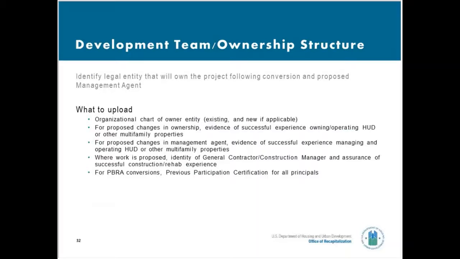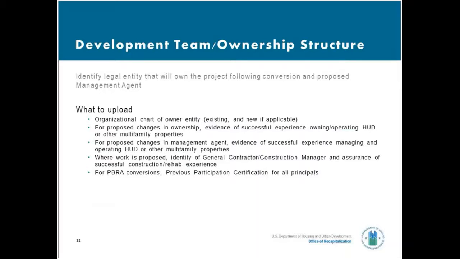An organizational chart of the owner entity, existing and new if applicable. If there's a change of ownership, you're going to provide evidence of successful experience owning and operating HUD or other multifamily properties. For proposed changes in management, evidence of successful experience managing HUD or other multifamily properties again.